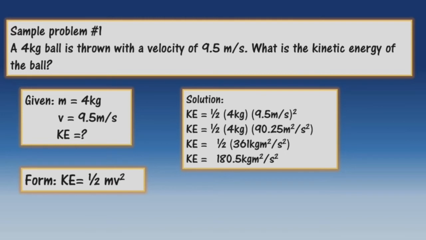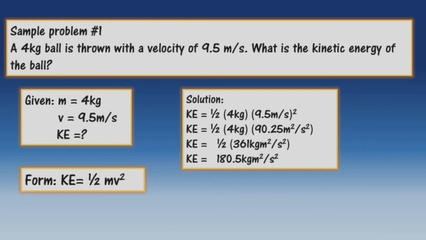Now, let's proceed to the formula. The formula is KE equals 1/2 mv squared. Solution. Kinetic energy is equal to 1/2, multiply it to 4 kilograms and multiply it to the square of 9.5 meters per second.